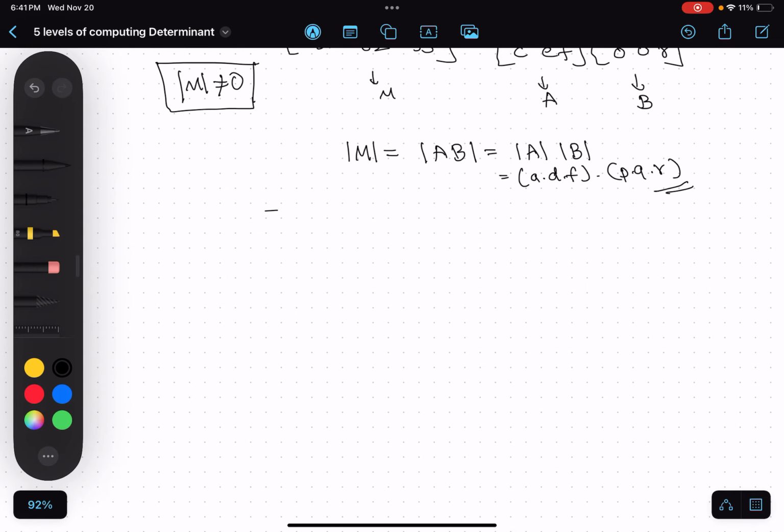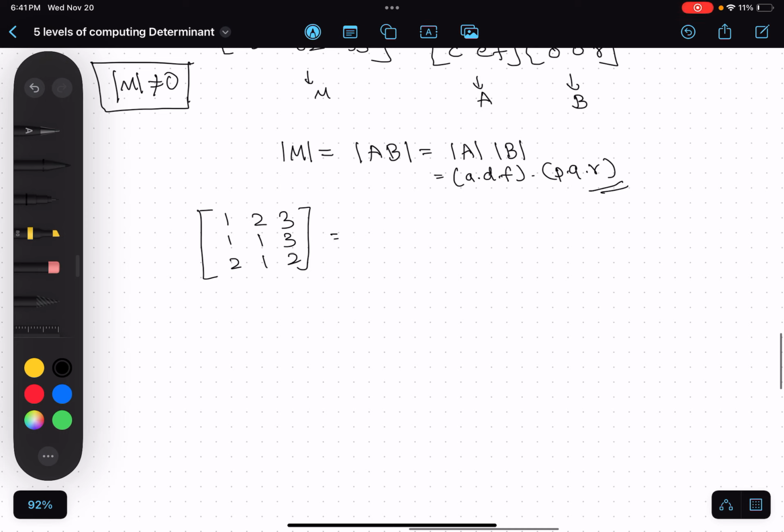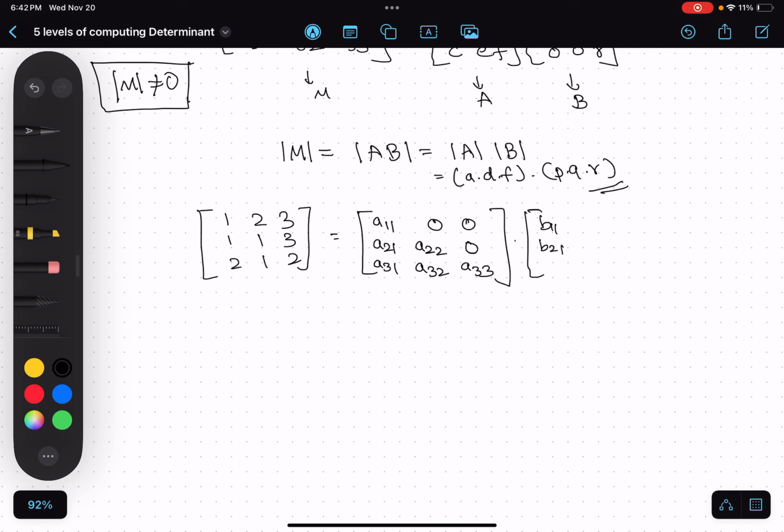So we have this matrix 1 1 2 2 1 1 3 3 2, and we want to break this into a lower triangular matrix, A11, A21, A31, A22, A32, A33, times 0 0 0, multiplied with B11, B21, B31, B22, B32, B33.